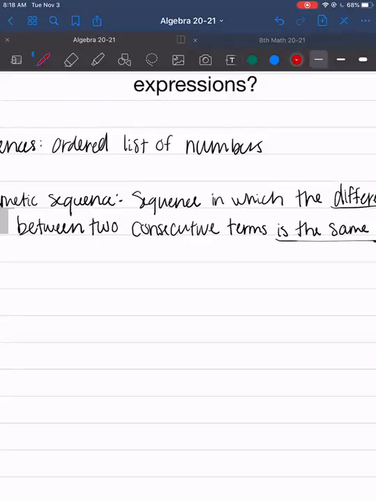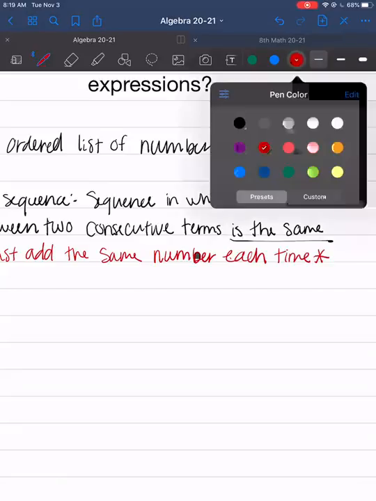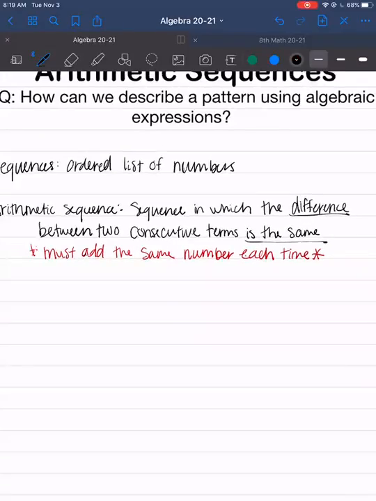For it to be arithmetic, pretty much what this is saying is you must add the same number each time. It has to be a constant rate of change. So that's what an arithmetic sequence is defined as.